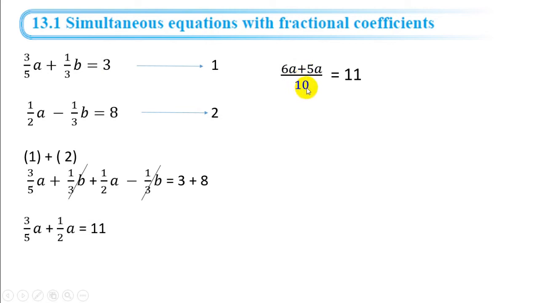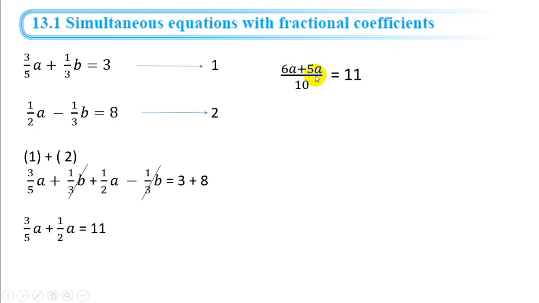I am not going into detail on how to simplify fractions with different denominators, because we have already discussed this in our previous videos on algebraic fractions, and even in my very first simultaneous equation videos. You can go through those videos and get the idea of it.